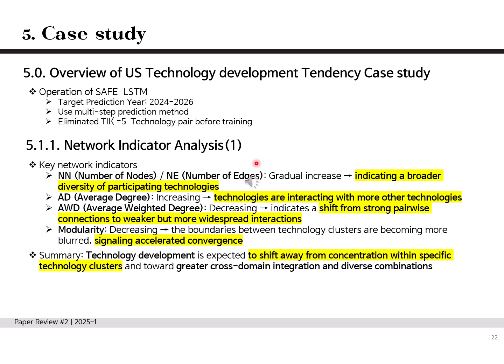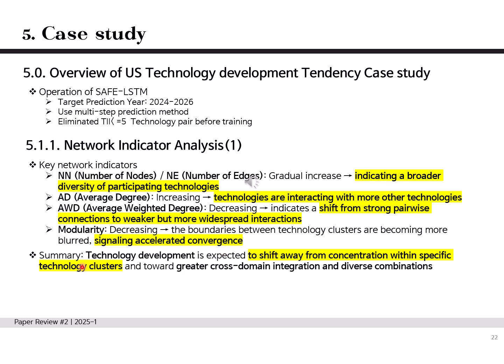Also, they used average degree, which shows an increase, meaning that technologies are interacting with more other technologies. And there are several other network indicators, which showed a shift from strong pairwise connections to weaker but more widespread interactions, signaling accelerated convergence as time goes on.